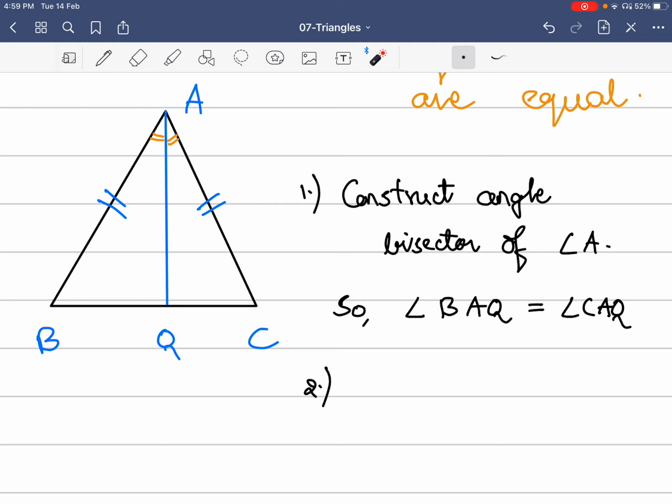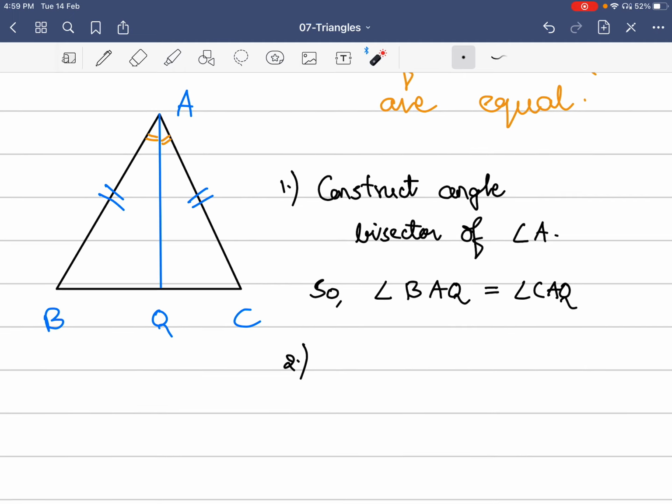So by the side-angle-side test, SAS, since this angle is included between the two sides, by the SAS test of congruency, this triangle is congruent to this triangle. Once we prove that these two triangles are congruent, all the three sides and all the three angles will also be congruent, which means angle B will be equal to angle C. That is the approach in proving this theorem.